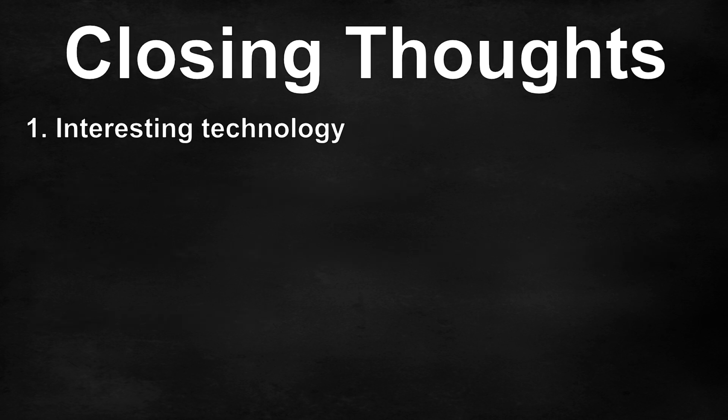A few closing thoughts. We actually made a video on this topic because we consider this to be rather interesting technology, and we hope that it will open the floor for discussion about ways to improve methods of obfuscating cryptocurrency transactions.